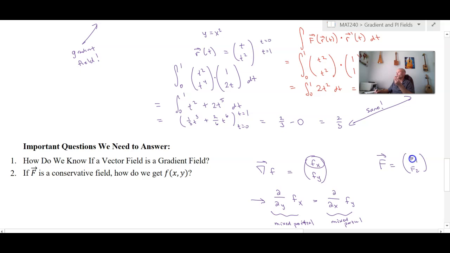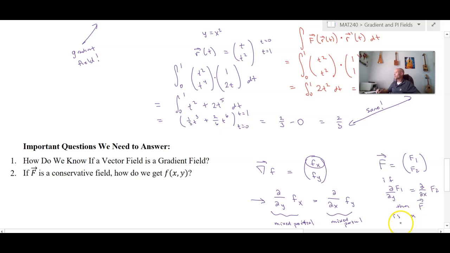These two functions may not be the derivative of some given function f. So if we take the derivative of f1 with respect to y, and that gives us the same as the derivative with respect to x of f2, then, I'll say if this is true, then f is a gradient field.